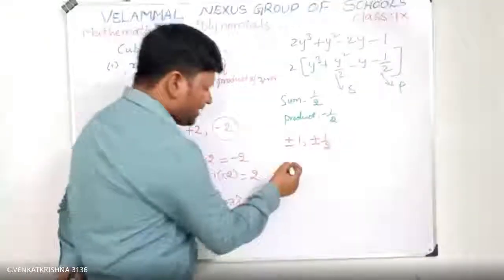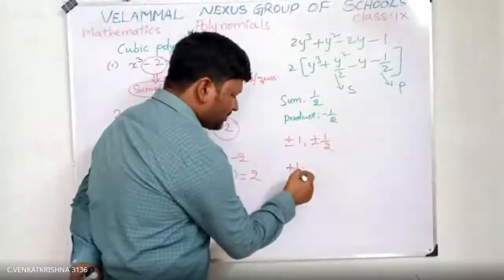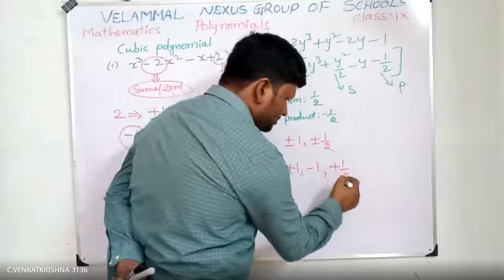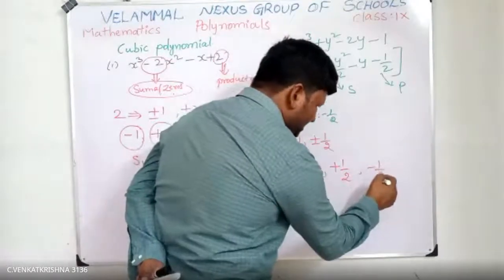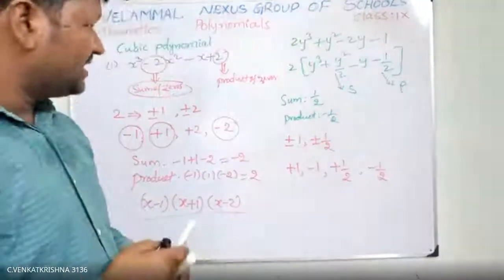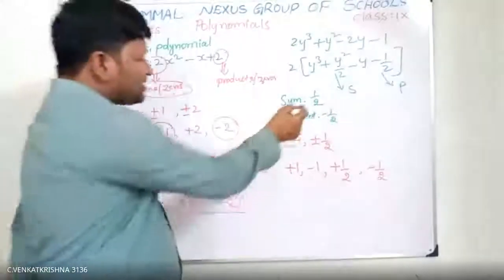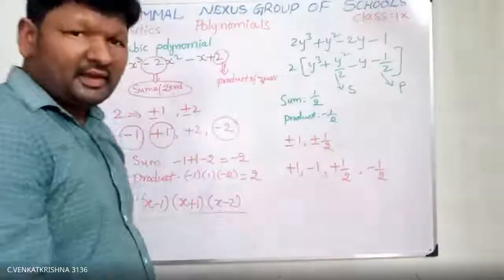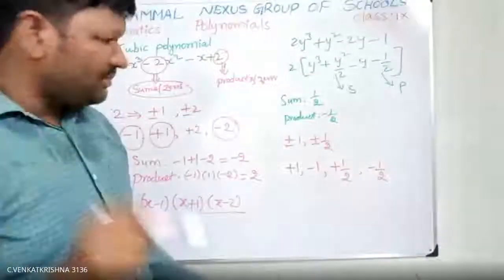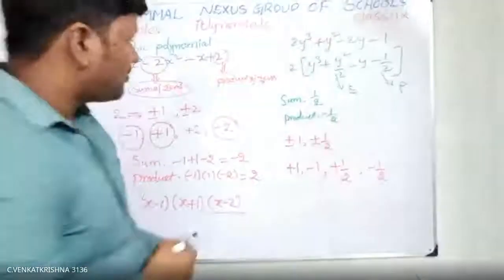So plus or minus 1 means plus 1 is one possibility, minus 1 is one possibility, plus 1 by 2 and minus 1 by 2. These are the 4 possibilities. What is our case? The sum is 1 by 2. Out of these 4 numbers, I want to select any 3 whose sum is 1 by 2.